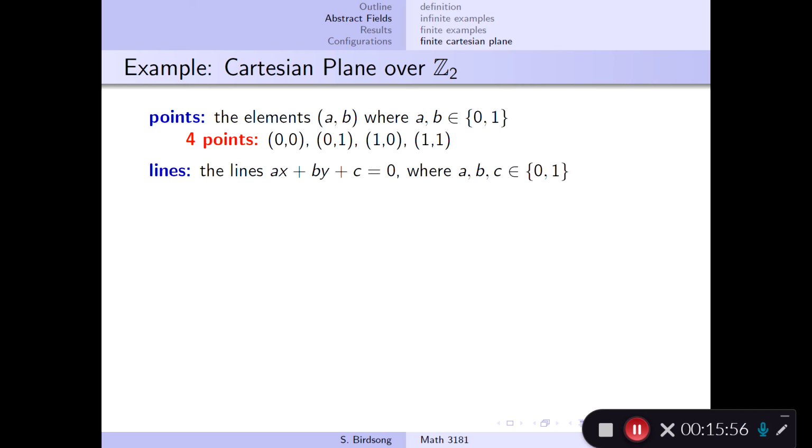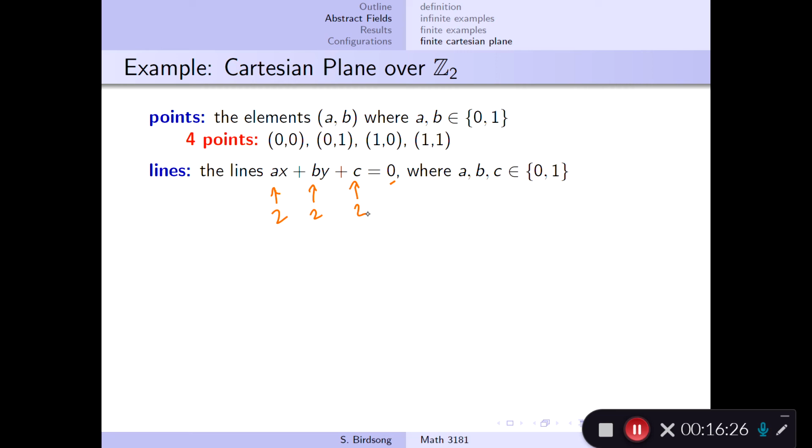Now, the next thing that we want to do is we're going to define our lines. And according to how we define Cartesian planes, our lines are of the form ax + by + c = 0, where your a, b, and c, and this 0 at the end are all coming from your elements 0 and 1. Now, you might be thinking to yourself, hey, I've got 2 options in this first position, 2 options in the second position, and 2 options in that third position.